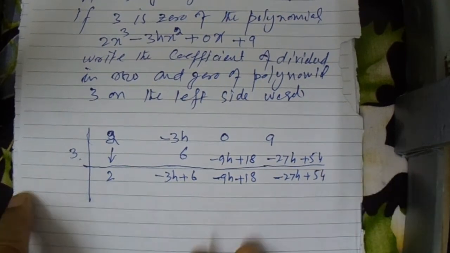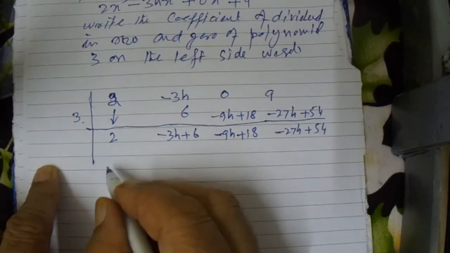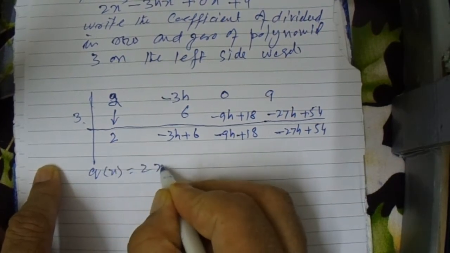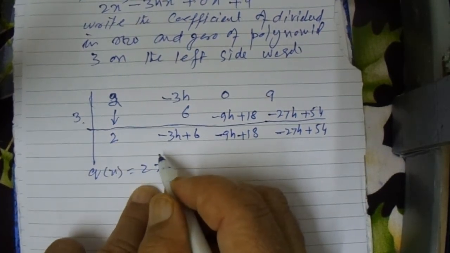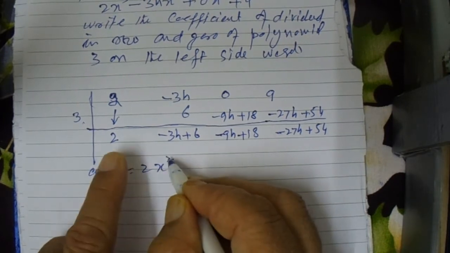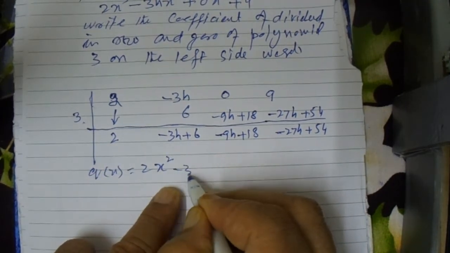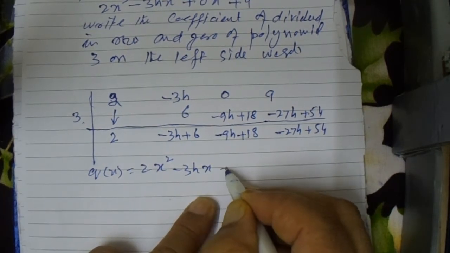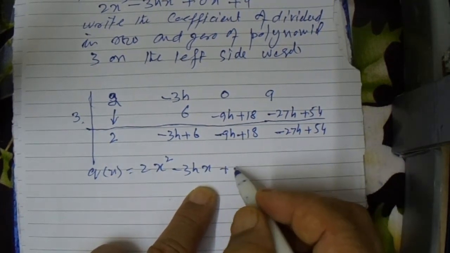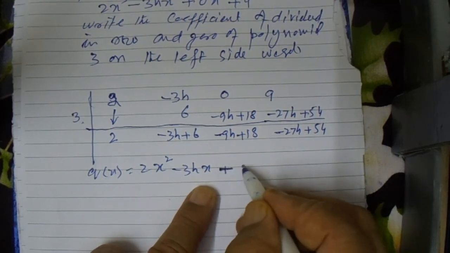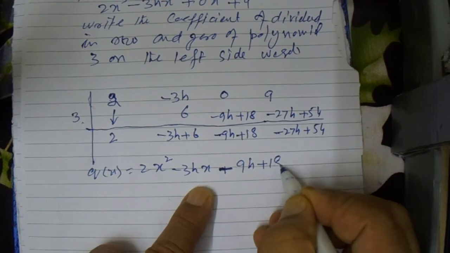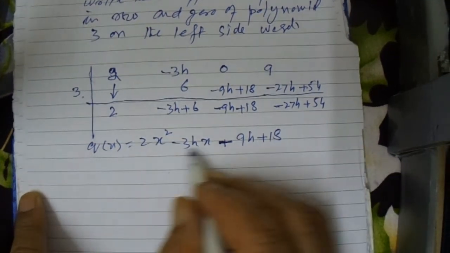Now the quotient q(x) is equal to 2x² minus 3hx plus minus 9h plus 18. This is the quotient.